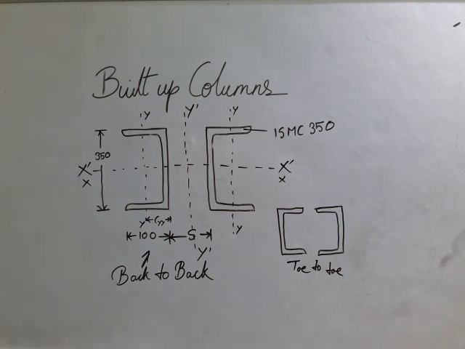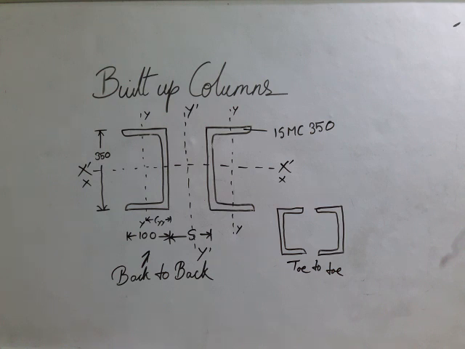Now let us take one problem. Let us take a situation where the load given is 1200 kilonewton, and the length of the column is given, which is 9 meter.